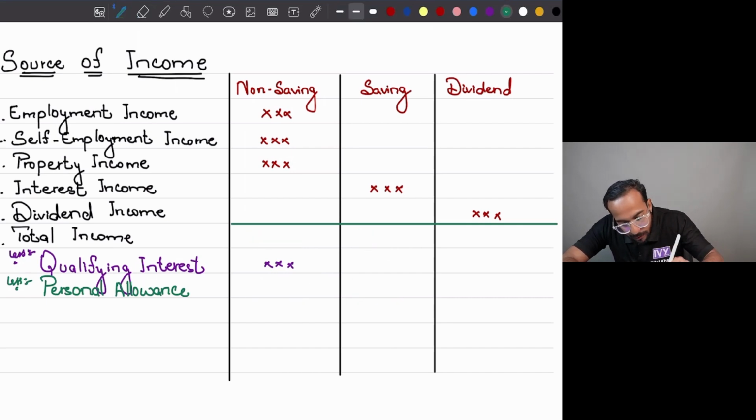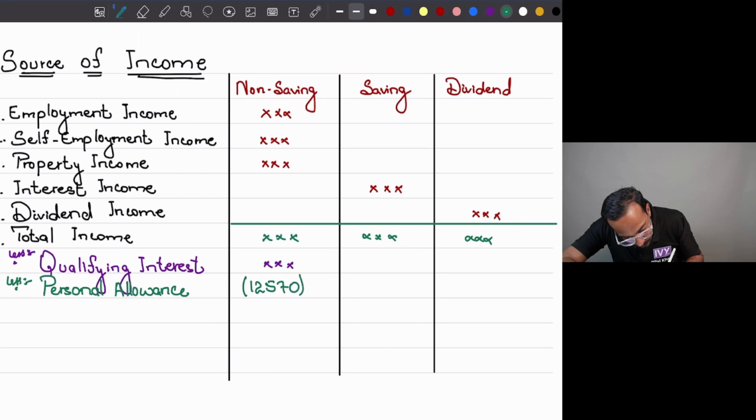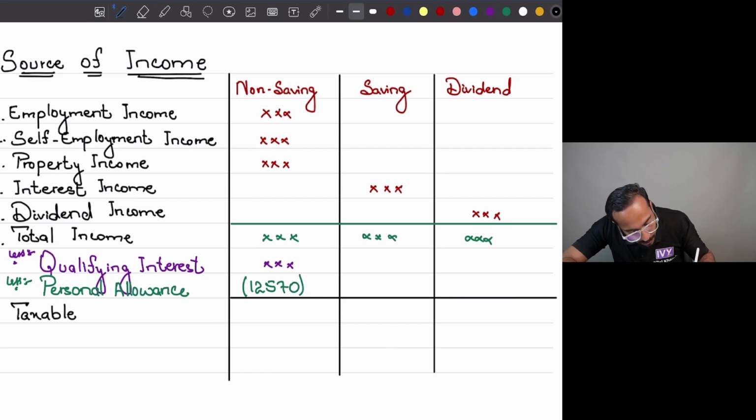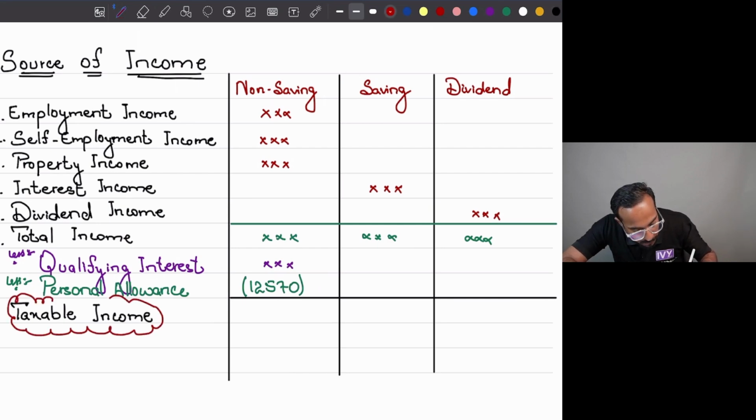Just let's go back to the chart. Got it? I believe you are getting each and every point. Now you will get your taxable income. This is a very important requirement. Normally the examiner asks what is your taxable income, so you need to use that format.